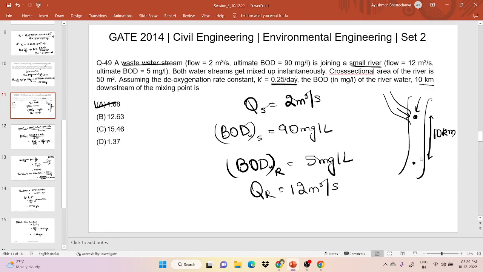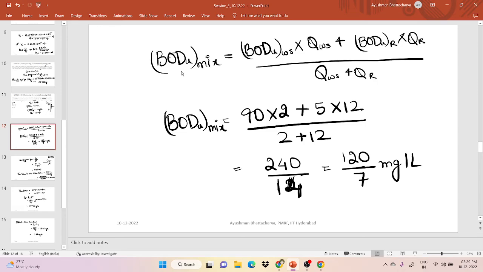So now what we did, we first calculated the BOD mix, that is BOD ultimate at the mixing point, using the values given in the question. Flow rate is given, BOD of the waste stream is given, and the small river flow and ultimate BOD are given. Using that, we calculated the BOD mix.